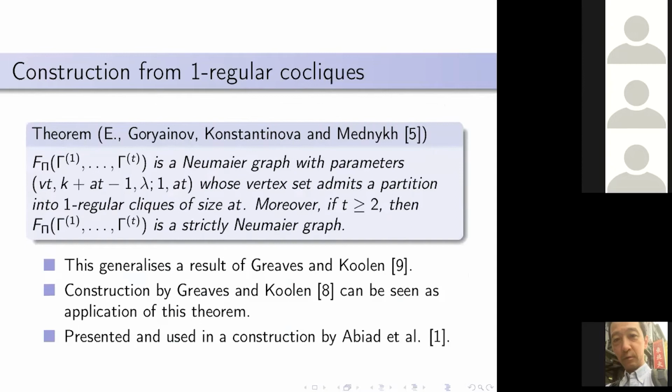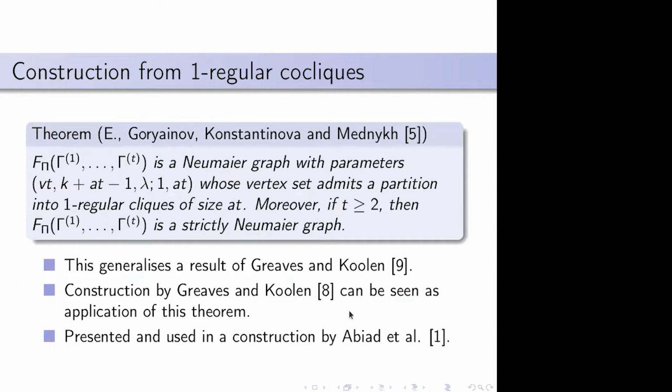So yeah, this construction gives Neumaier graphs and strictly Neumaier graphs when we stick more than one graph together. And as Martin's already said, this can be applied, or has been applied, in specific cases or can be seen as a more general version of some other constructions.